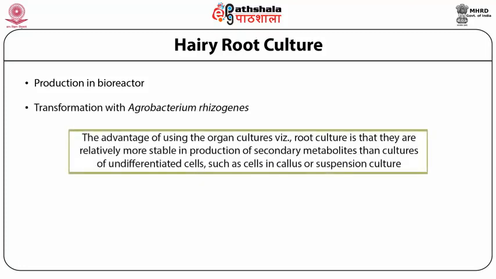We know that roots, when cultured under in vitro conditions, exhibit extremely slow growth. So there has to be a mechanism by which we can increase the rate at which they are produced. As I said, we can use this bacterium, Agrobacterium rhizogenes. How? We will talk about it shortly.